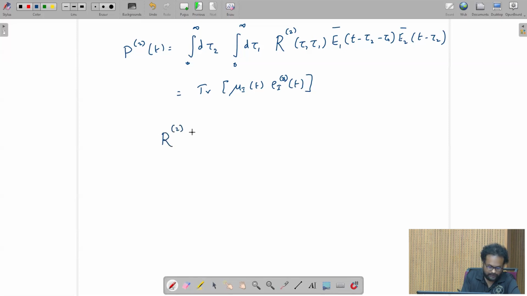Second order response function: i over h bar squared.